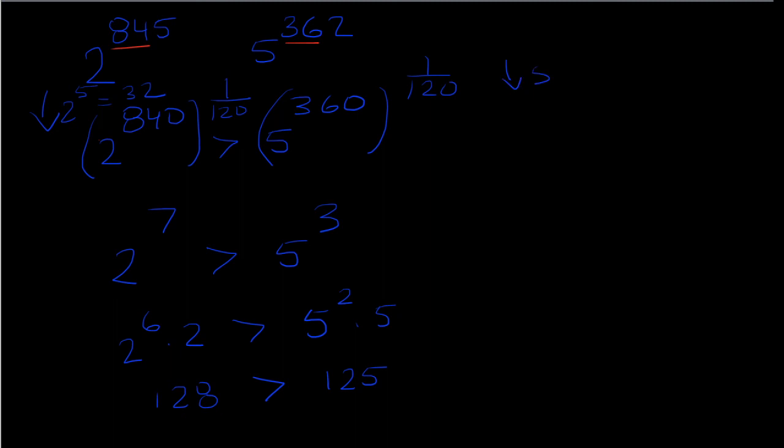So we went down by 5 squared, which is 25. So we ended up going even smaller on the left side here, yet we still ended up with a bigger number. So we can conclude that 2 to the 845th power is greater than 5 to the 362nd power.